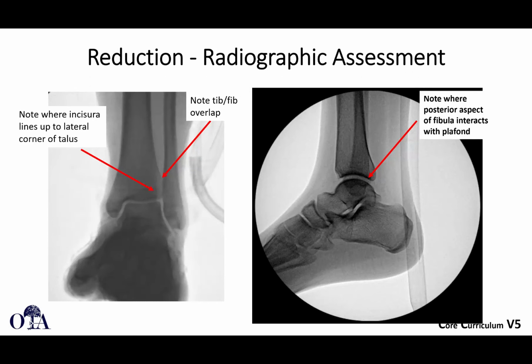So remembering back to our radiographic lines and what should line up, you want to look at tib-fib overlap. You want to look at subluxation of the talus, medial clear space widening.